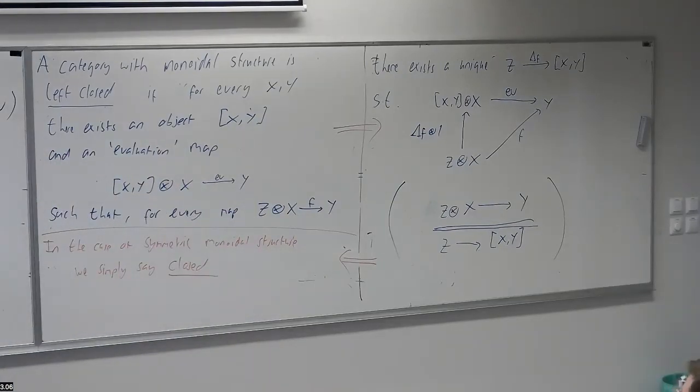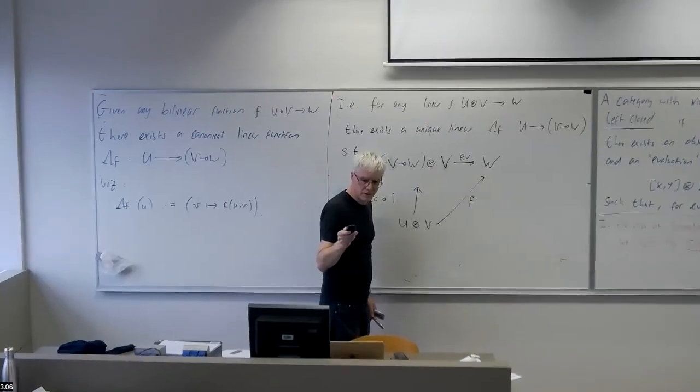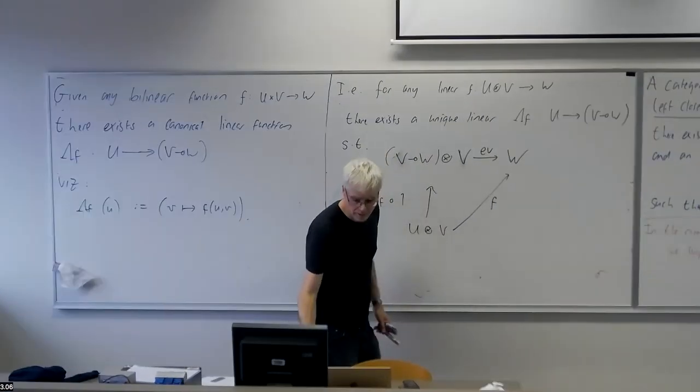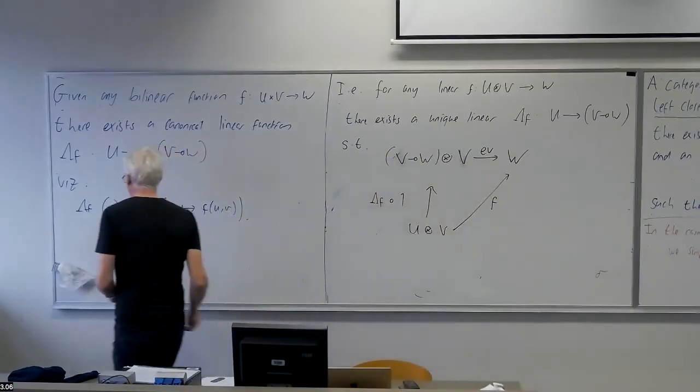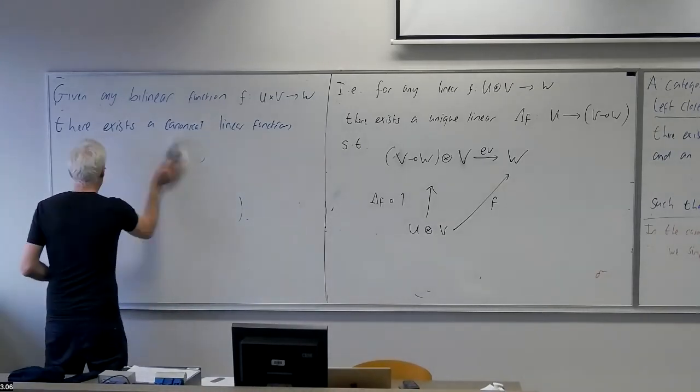But a very important special case here is the case in which the monoidal structure is a product, not just a symmetric monoidal structure, but an actual product with its universal property.